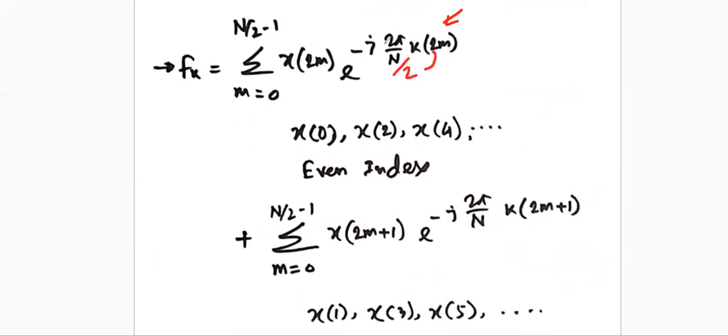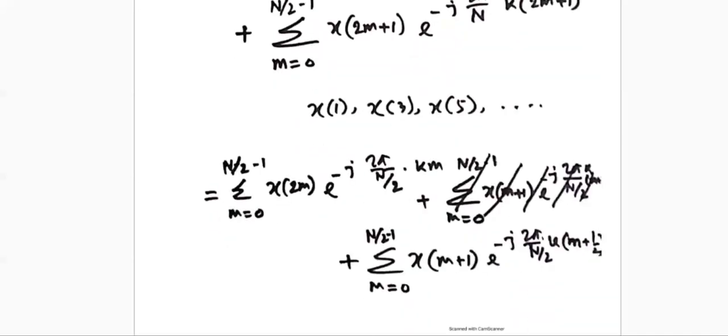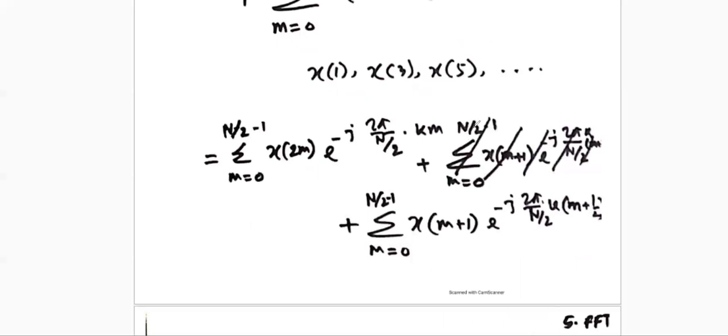If it is N by 2 in this section, in the other section we can also take common of 2, and then we can put this 2 there, and that's why there would be 1 by 2. So we have done the things here. You can find that x twice m e to the power minus j twice pi divided by N by 2 into km.